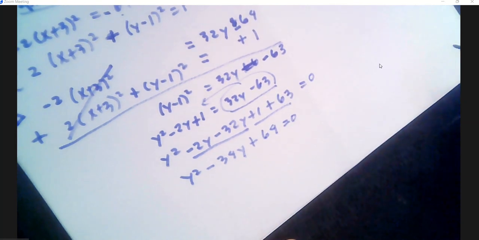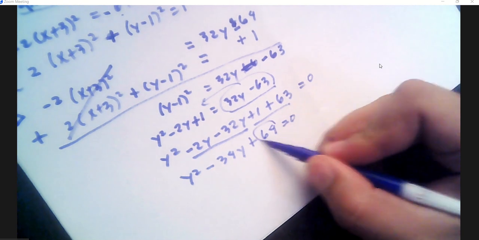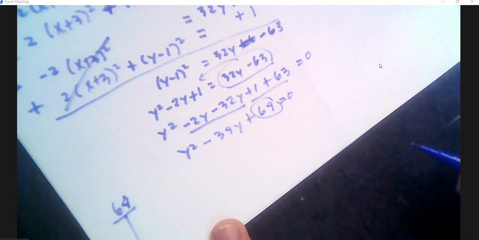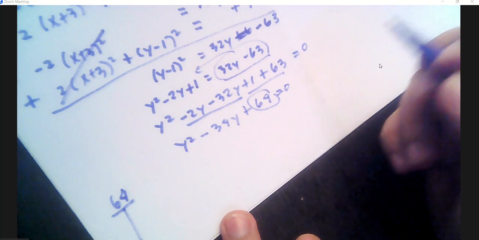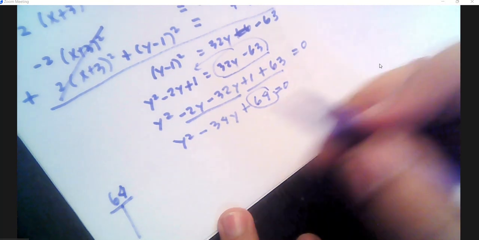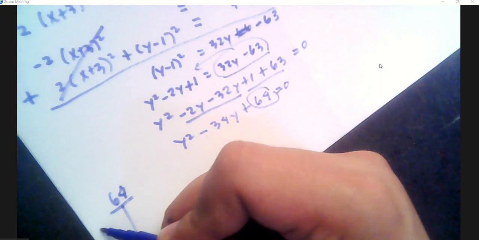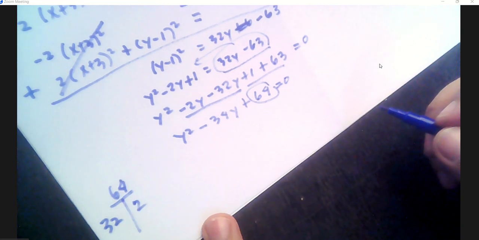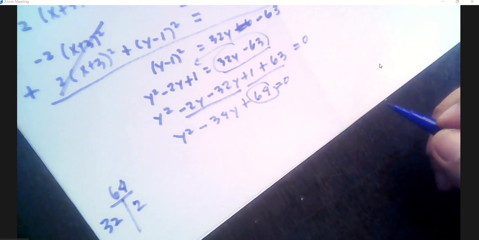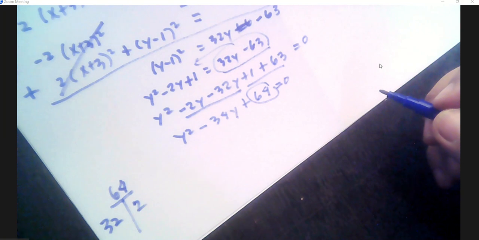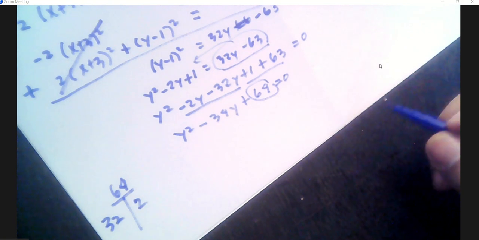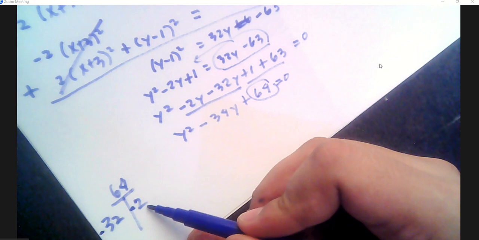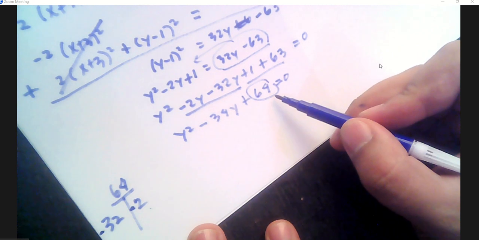equals 0. What are the factors of 64 such that it becomes negative 34? That is 32 times 2. But it has to be negative, right? Negative 32 times negative 2, that is positive 64.